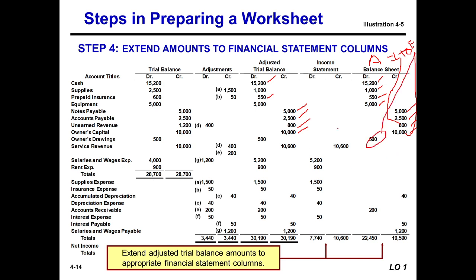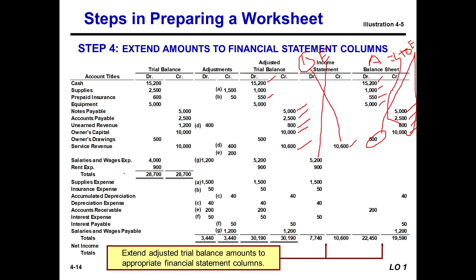Okay, now service revenue, this one, service revenue 10,600. This is the income statement item. Income statement, actually income and expenses. So income will be shown on our credit side, and expenses on our debit side.